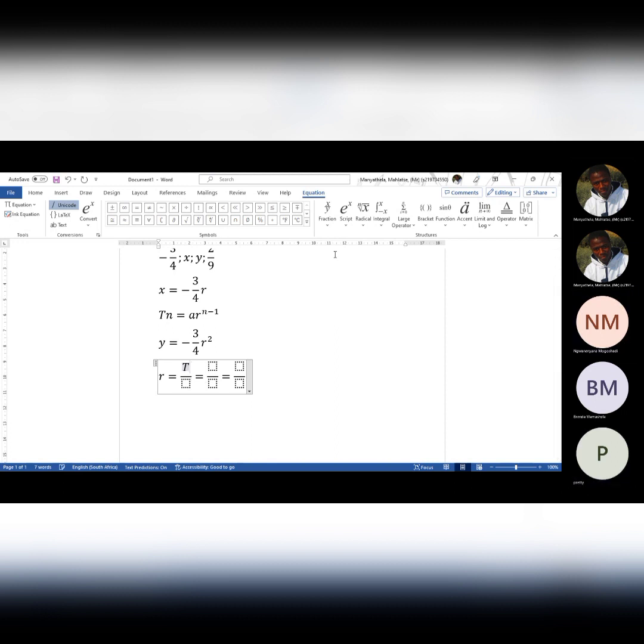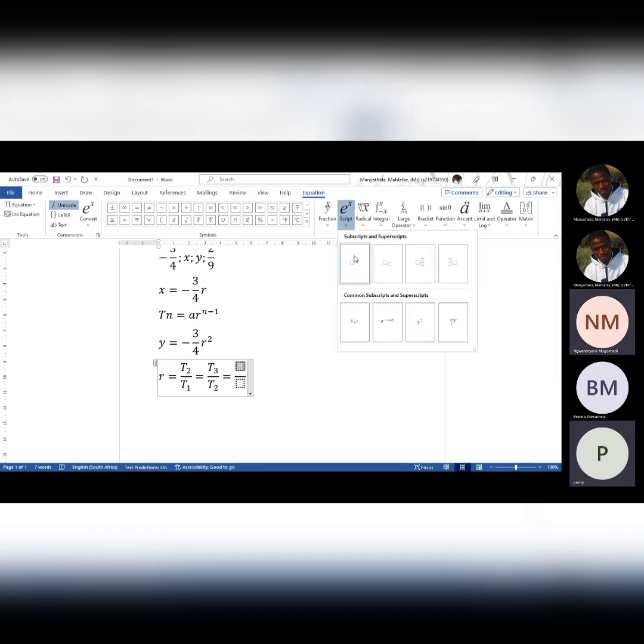Okay? Meaning it will be T2 over T1, which equals T3 over T2, which is the same as T4 over T3.